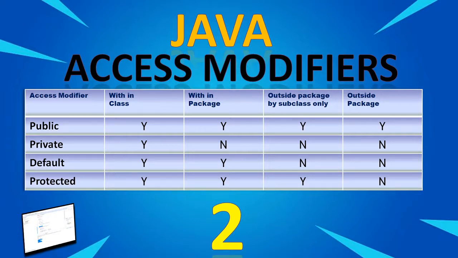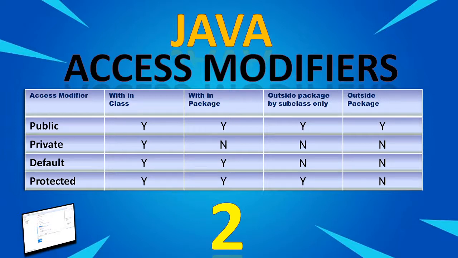For example, if a package has two or three classes, you cannot access it from the other classes. You can access it only in that particular class. Remember, private is nothing but only within a class. You cannot access variables declared as private outside of the class.